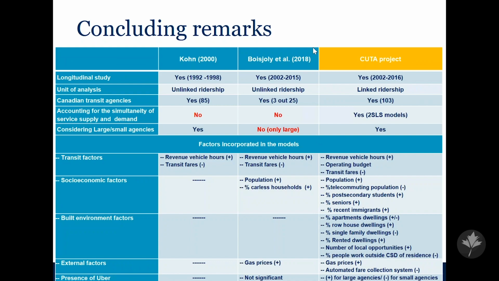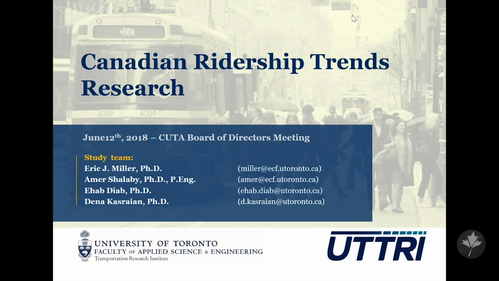And this is a table that really contrasts our study to previous recent studies with respect to the methods used and also the variables that were used and so on. I think it's a study that helped us gain more insights and understanding about the variability and variation across the country and also over time.